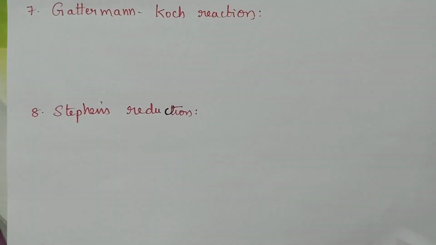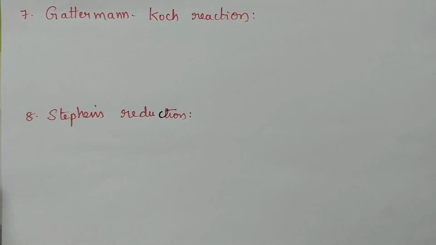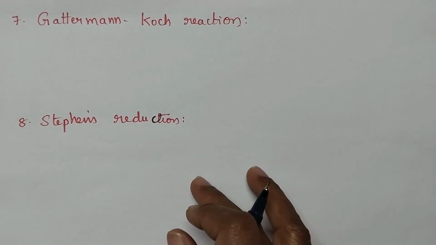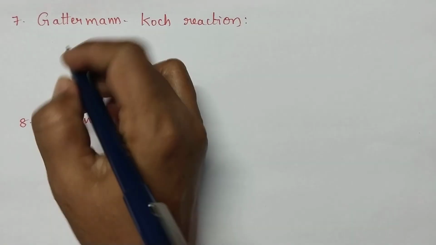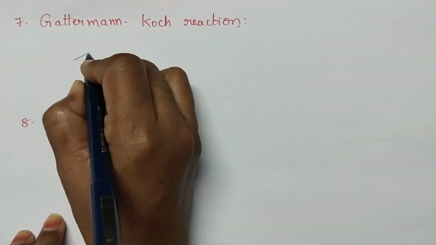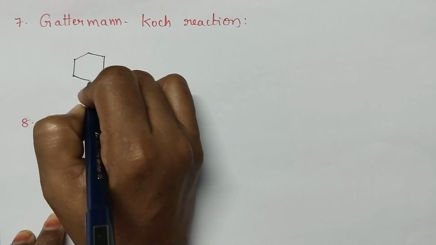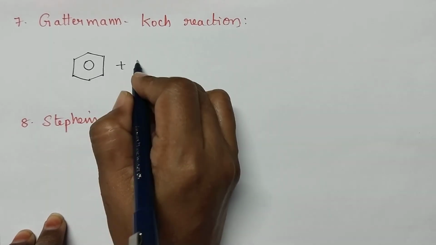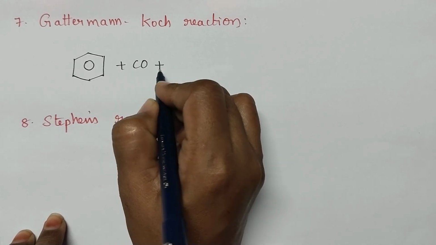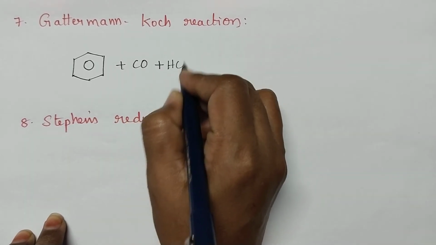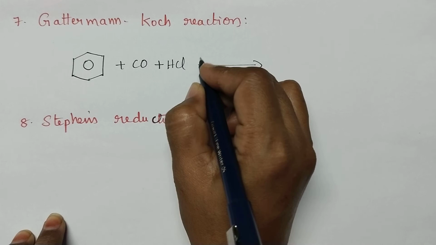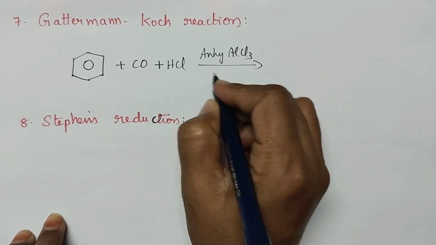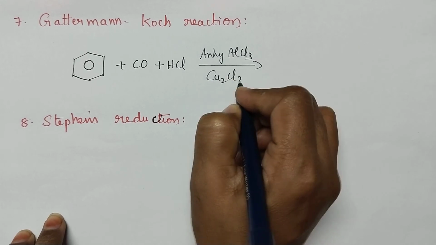Next, we will discuss the Gattermann-Koch reaction. So, what is the reaction? Gattermann-Koch reaction. Here, benzaldehyde can be prepared by using benzene. So, in this reaction, benzene is treated with carbon monoxide and HCl in the presence of anhydrous aluminium chloride and cuprous chloride.